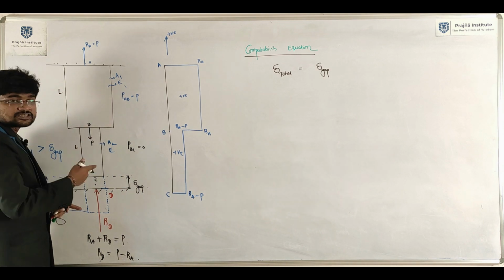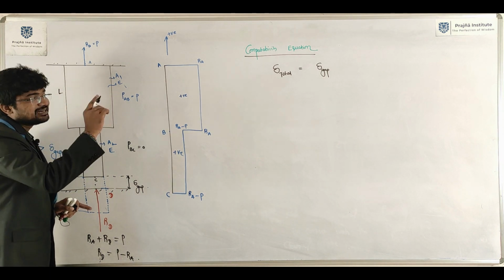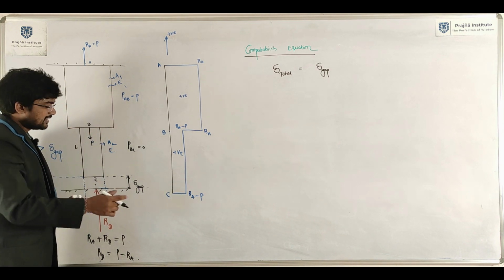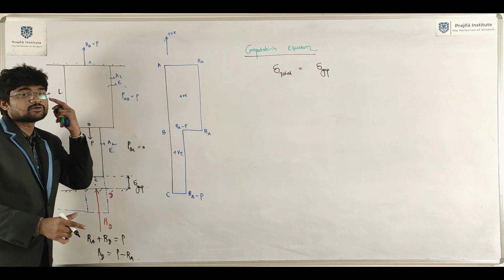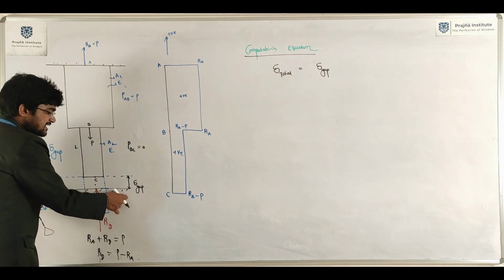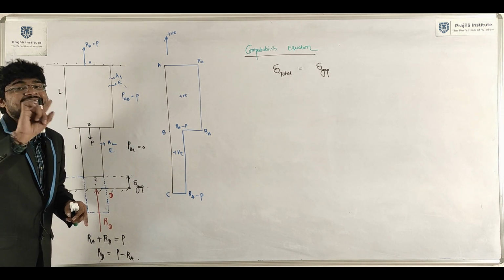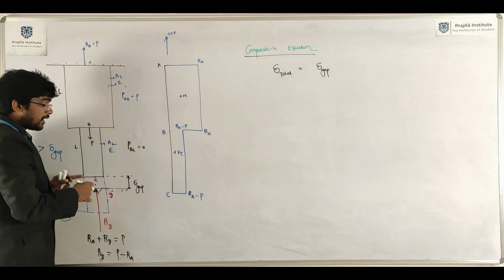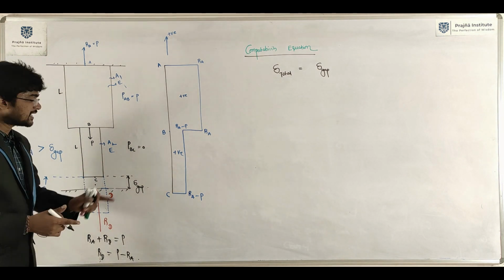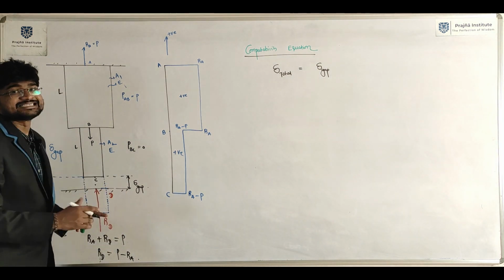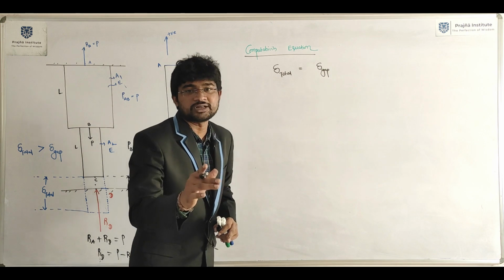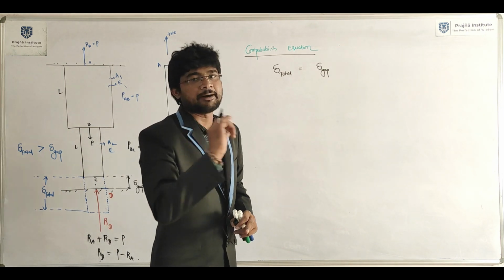If both ends are fixed, delta total equals 0. If delta gap is there, delta total equals delta gap. If there is yielding of supports, delta total equals delta yield. So what is the magnitude of total deformation allowed in this case? That is delta total equals delta gap.